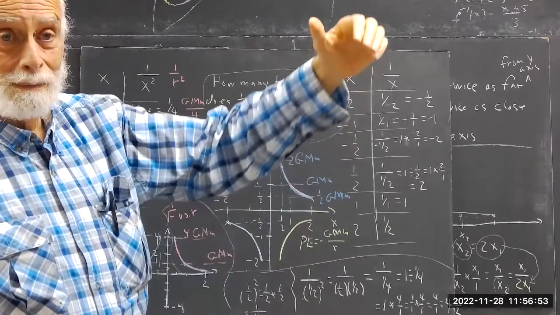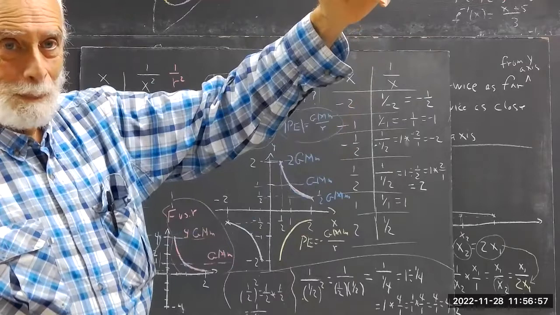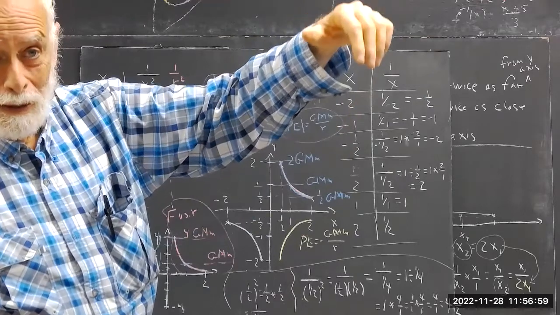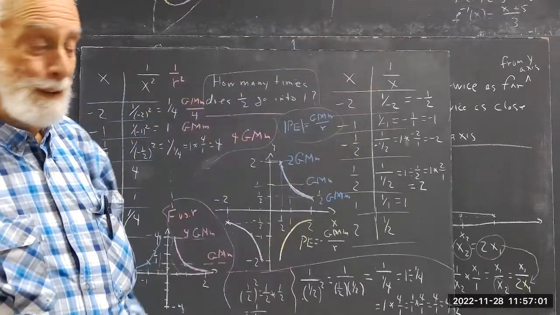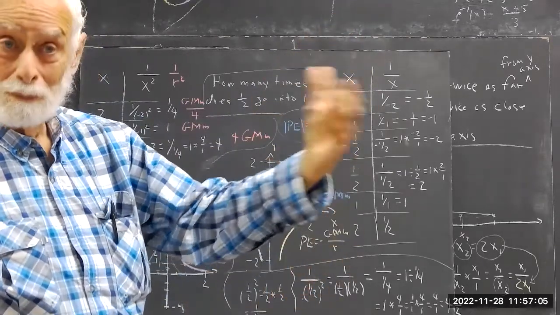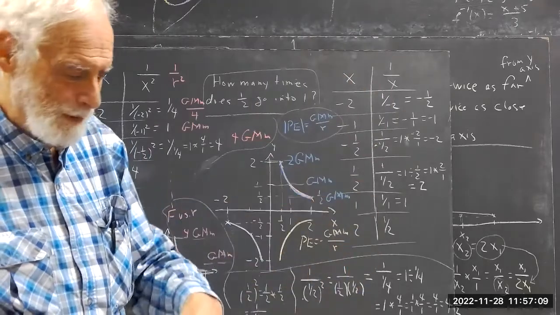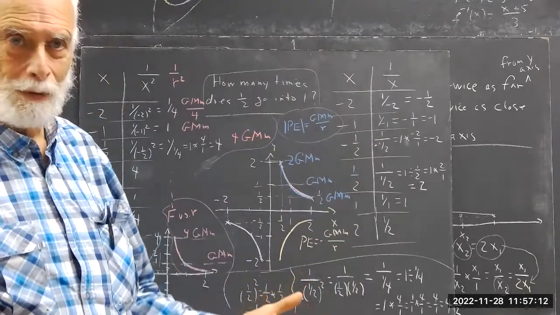So eventually it'll lose the energy it takes to get up here, and it'll start falling back. And they'll fall back near the moon and so forth. And that'll loop the moon another time and then come back to Earth.